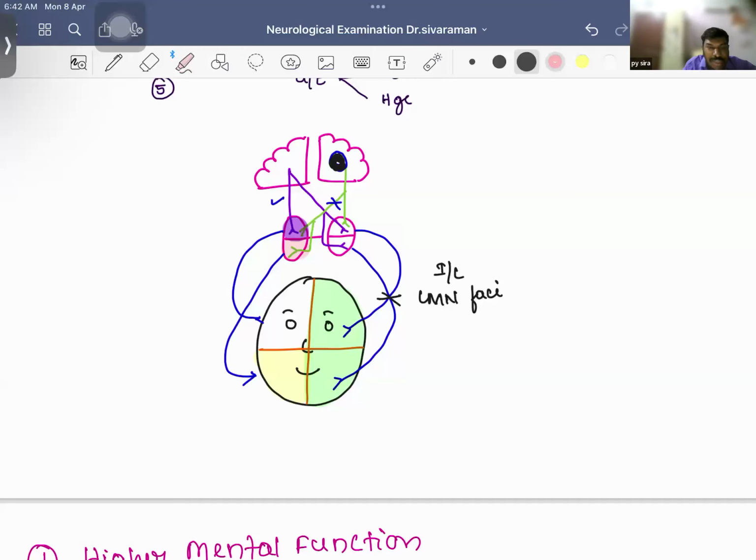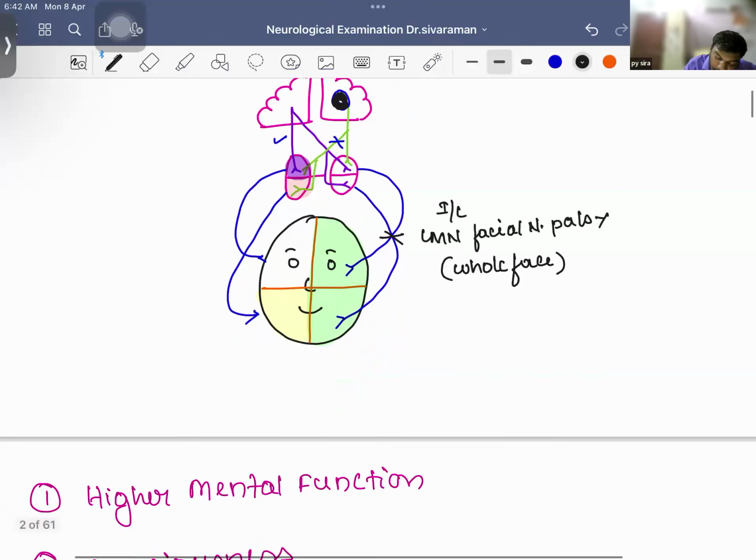So now your patient is going to have a lesion, and if the lesion is below the level of nucleus, then the patient is going to have ipsilateral LMN type of facial nerve palsy, where it is going to involve the whole face.